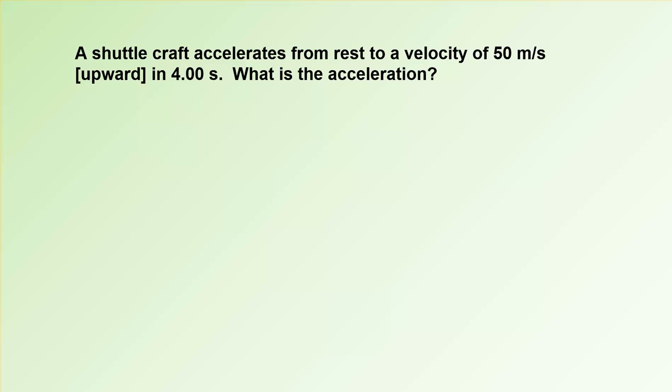Okay, let's try our first problem. It says a shuttlecraft accelerates, so we know acceleration is involved, from rest to a velocity of 50 meters per second upward, that's our direction, in 4 seconds. What is the acceleration? As soon as you see the word acceleration, the only formula we have for it is acceleration equals VF minus VI over time, and that F should be a little bit smaller, a subscript.